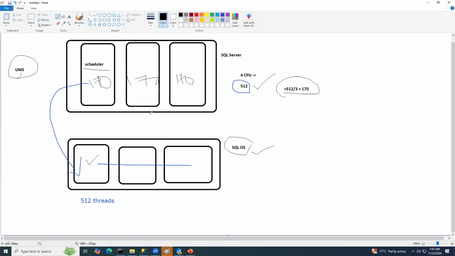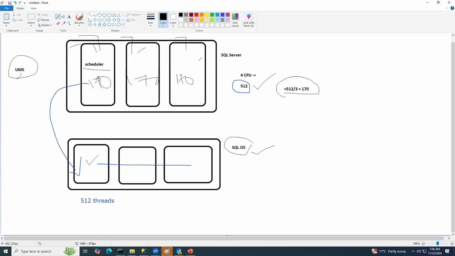This is done in a round robin fashion. Let's say the first thread will be assigned here, another thread here, the third thread here, and then it will come back to the first CPU or scheduler. Likewise, threads are mapped to the scheduler in the SQL Server layer.